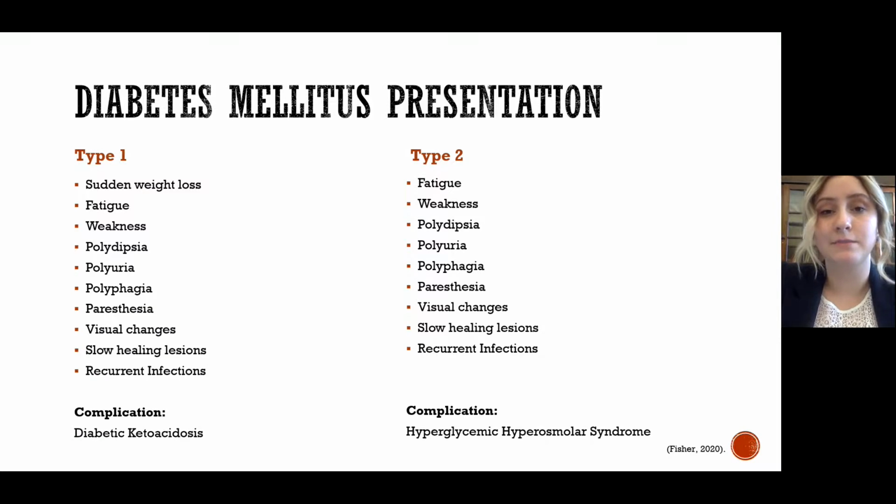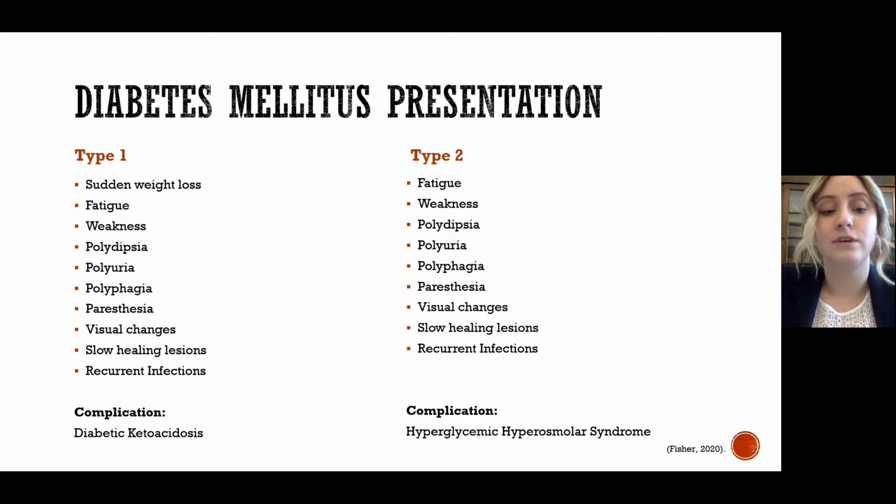There are some signs and symptoms differences as well. Something to note is that pretty much the signs and symptoms between type 1 and type 2 are about the same. The difference is that type 1 has a sudden weight loss, and also there are different complications. So type 1 has sudden weight loss, fatigue, weakness, polydipsia, polyuria, polyphagia, paresthesia, visual changes, slow healing lesions, and recurrent infections.